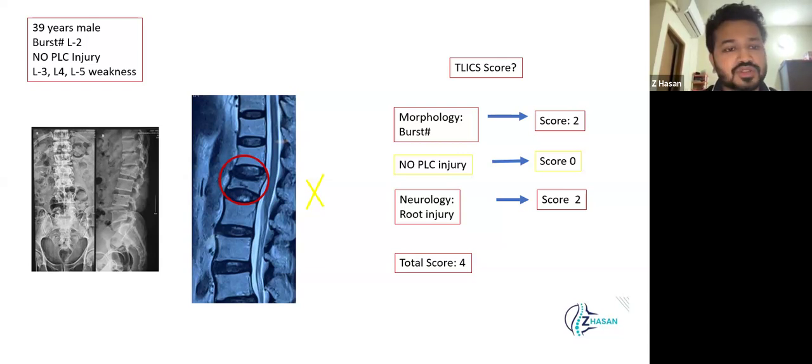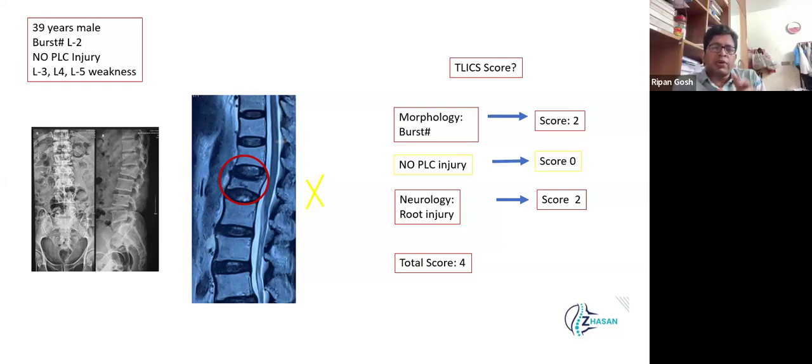Dr. Ripon Ghosh, if you have any other idea here? During ward rounds, I have seen some patients, many times, where one lower limb can move, only a flickering movement, and the other limb cannot move at all, motor 0. Sensory and motor are both 0 in one limb, and only flickering motor movement is present in the other limb. At that time you can see the X-ray, and the injury level is L3.